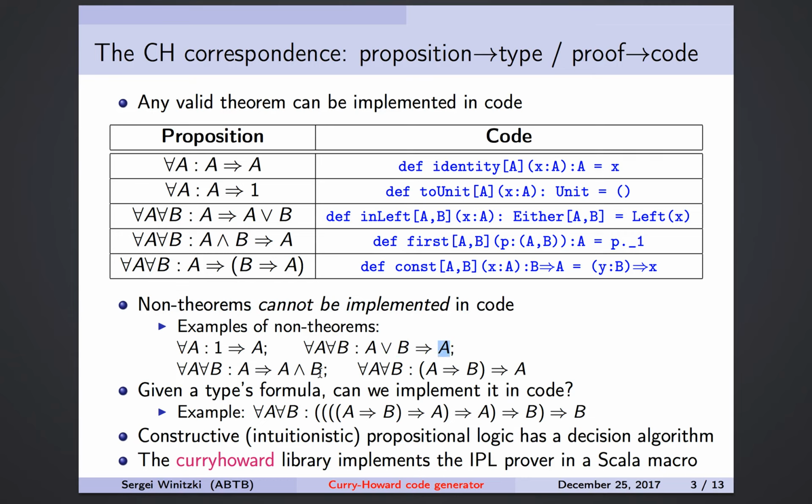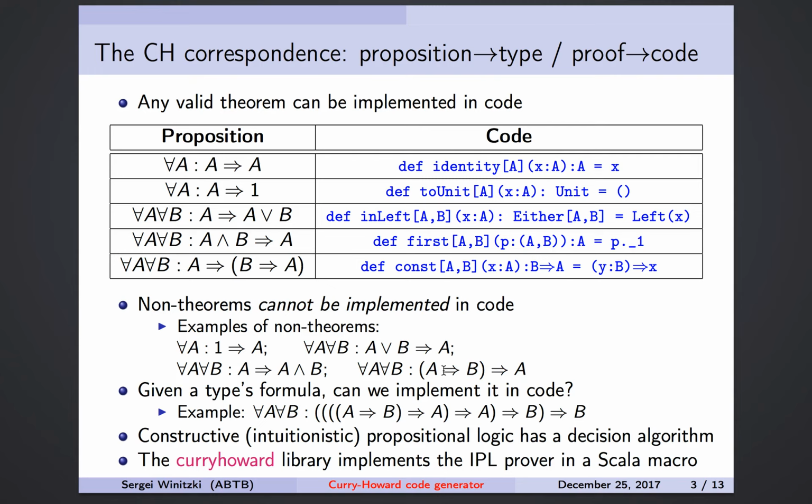So all these examples are of this sort, that you cannot produce a value because you're not given it. So here, for example, you have a function from A to B to A. You're given a function from A to B, and you're supposed to produce A, but you don't have any A's. You have a function that consumes an A, but that's not enough. So none of these types can be implemented.